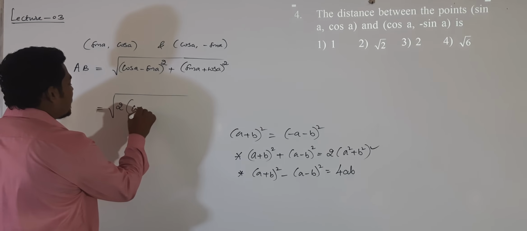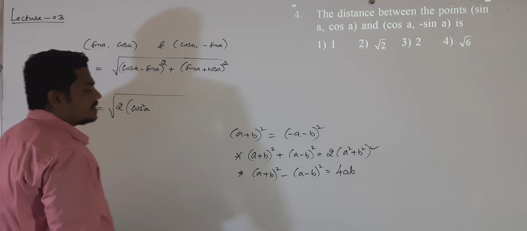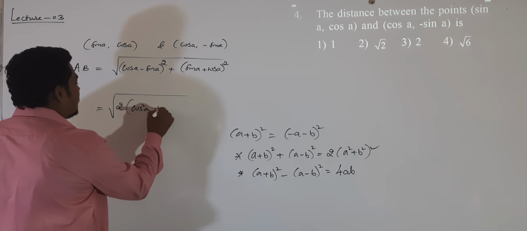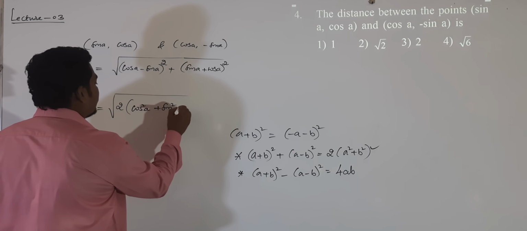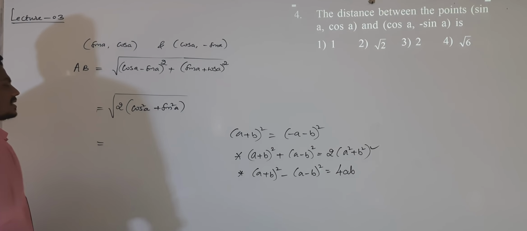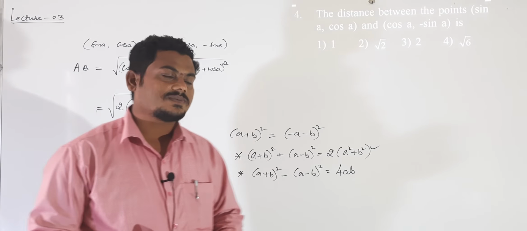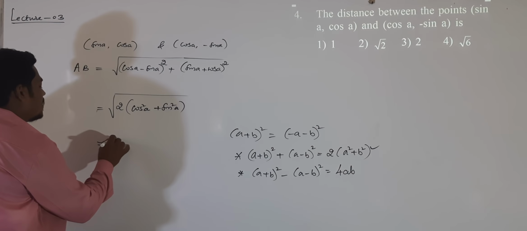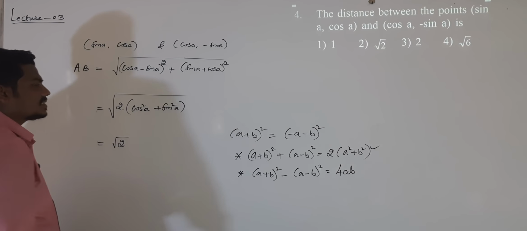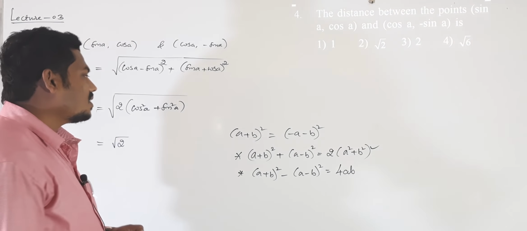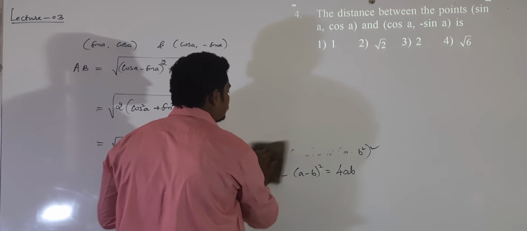So cos square a instead of a square, 2 times a square plus b square, that is sin square a. Already you know sin square theta plus cos square theta, or cos square theta plus sin square theta, is 1. So it will be square root of 2 units. Distance between these 2 points is square root of 2 units.